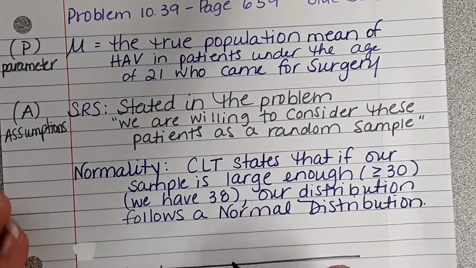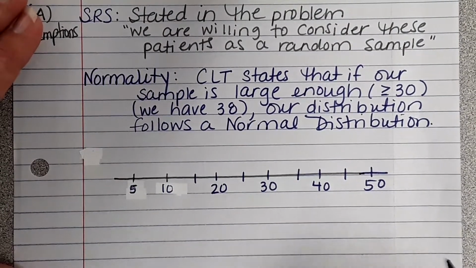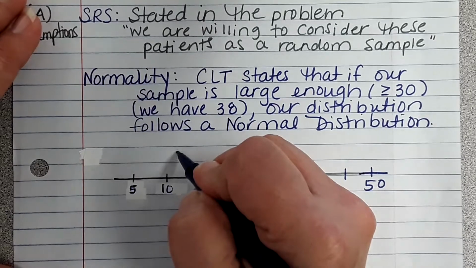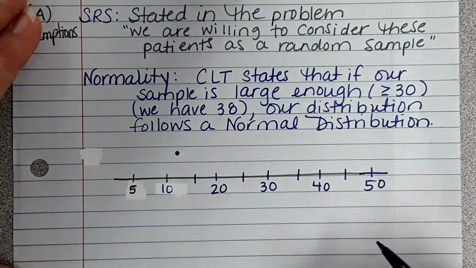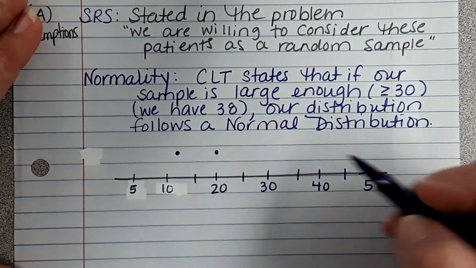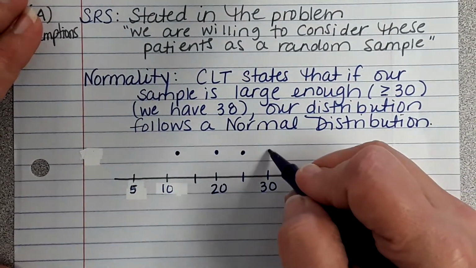You could probably count, you know what? Let me pause. What's our minimum? Okay. What is our quartile 1? Our median? Quartile 3.